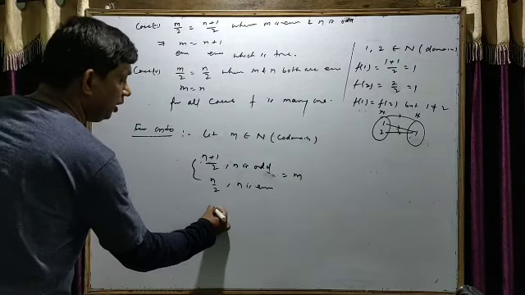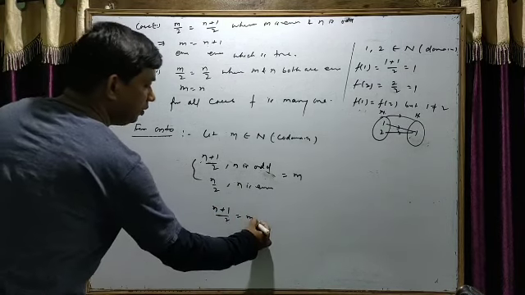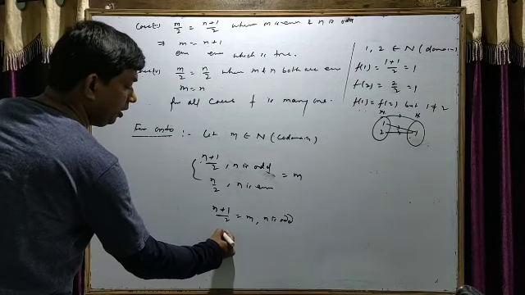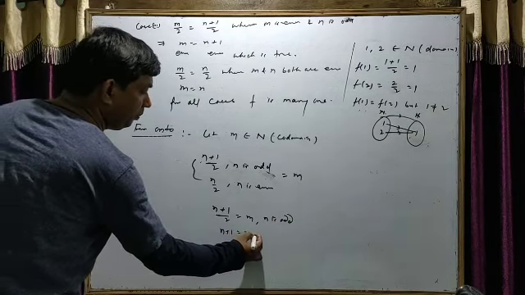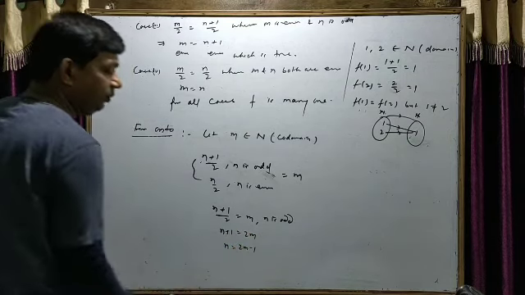So (n plus 1) by 2 equal to m, where n is odd. So n plus 1 equal to 2m. So n equal to 2m minus 1.